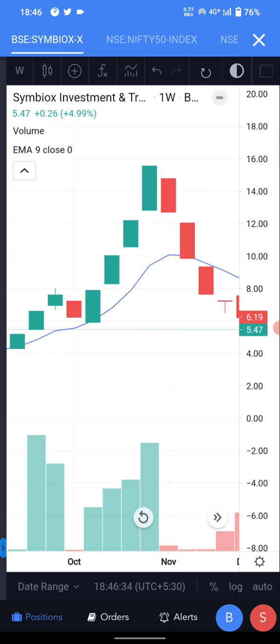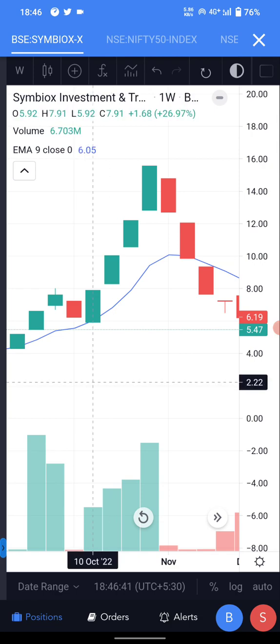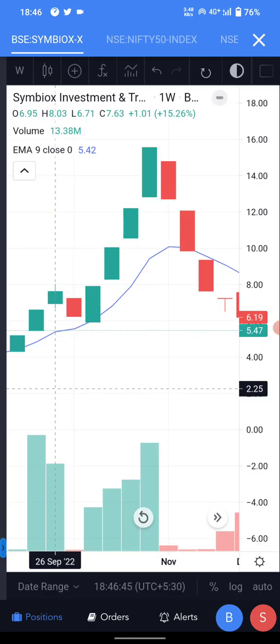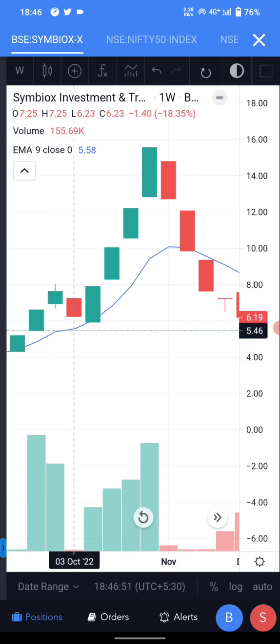Take a buy position at the next candle entry. Let me open this one: here is the stop loss at 430, and here is the buy position at 5.46.